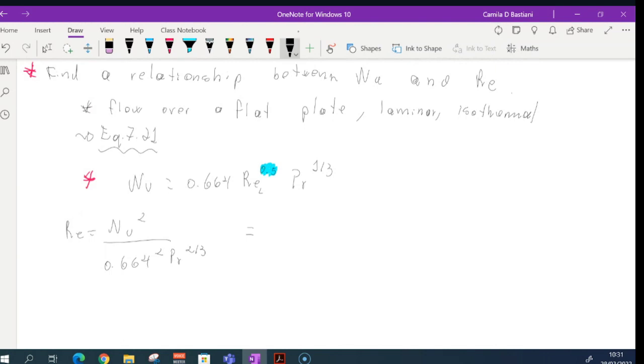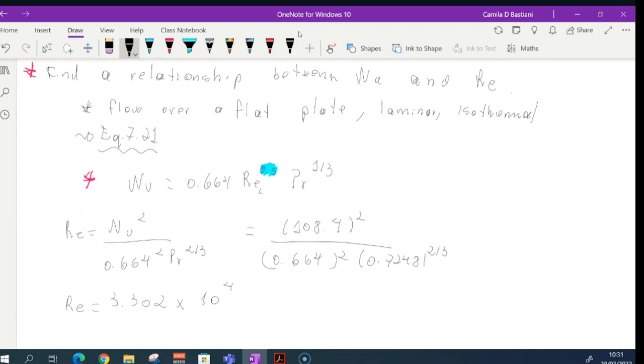It's just maths. 108.4 squared divided by 0.664 squared, 0.7248 to the 2/3. So my Reynolds number is going to be 3.302 times 10 to the exponent 4.